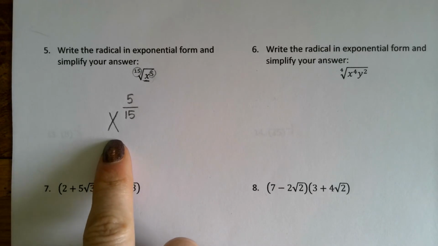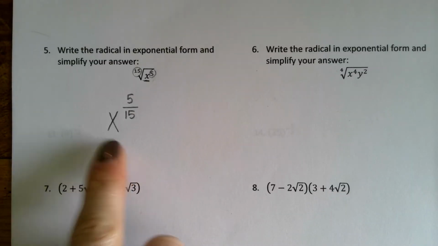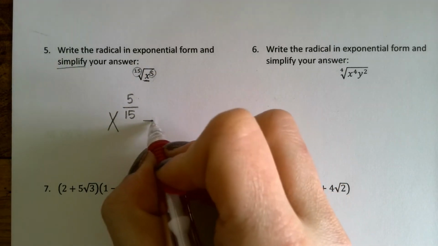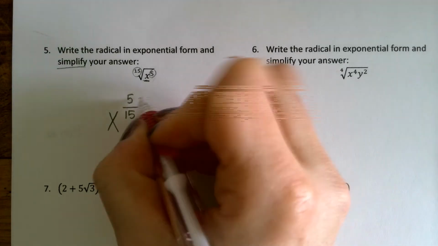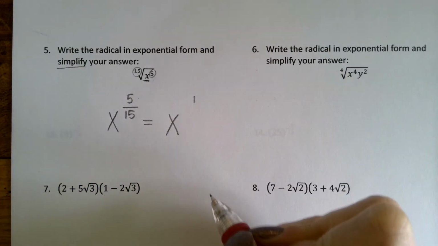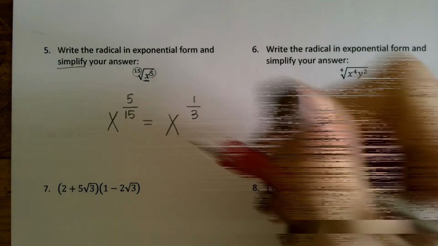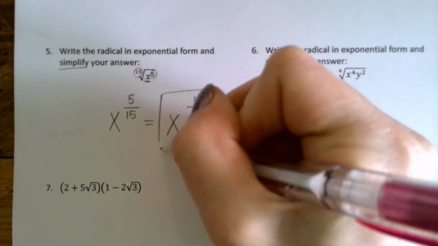So right now I've rewritten this in exponential form, meaning there's no more square roots. My next thing I need to do is just simplify my answer. So 5 and 15 can both be divided by 5. 5 divided by 5 gives me 1. 15 divided by 5 gives me 3. So this here is my simplified answer.